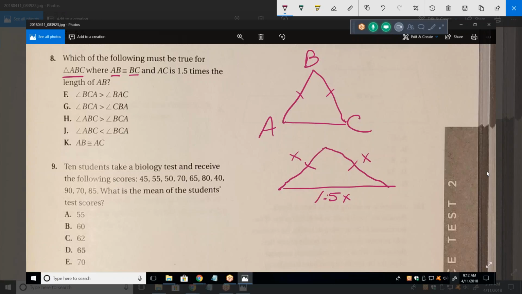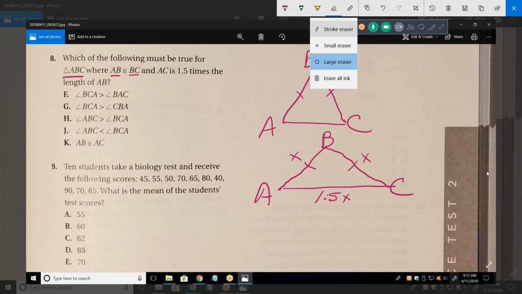Now they're talking not about the triangles anymore, but angles. What do we know about the angles here? They have to add up to 180. Okay, but what do we know based on the fact that it's an isosceles triangle? Let's not confuse the issue with variables.